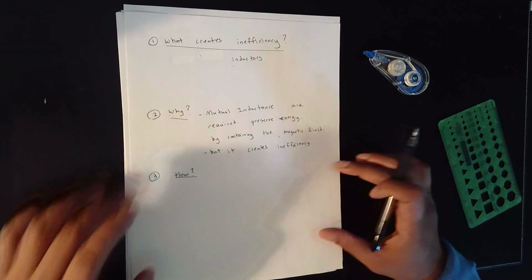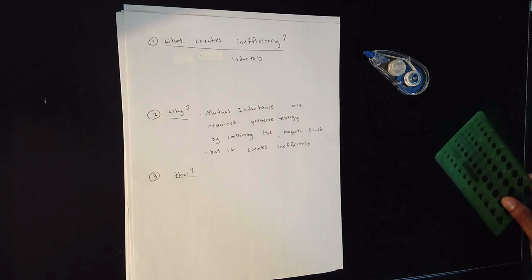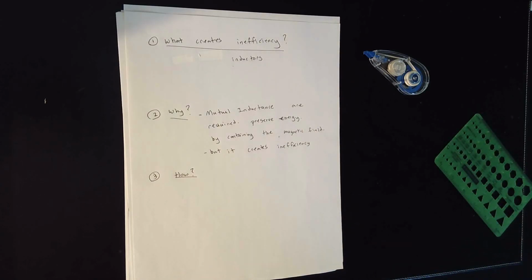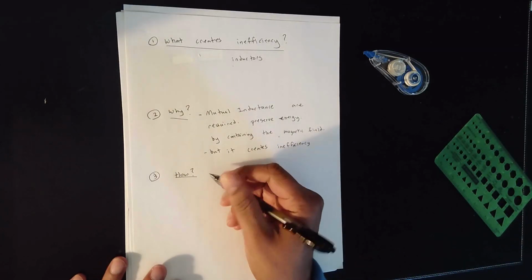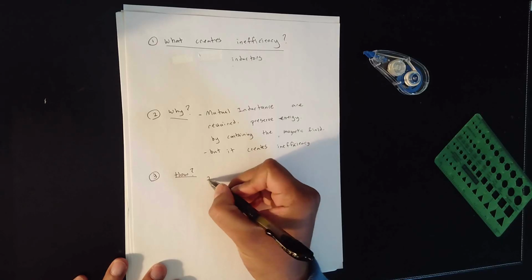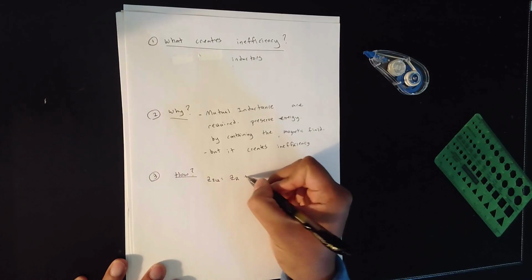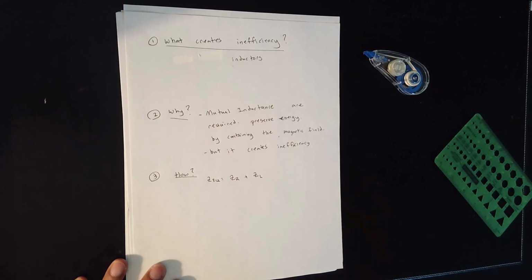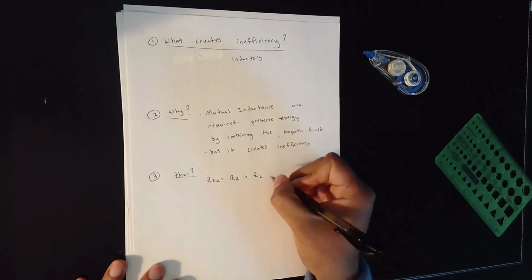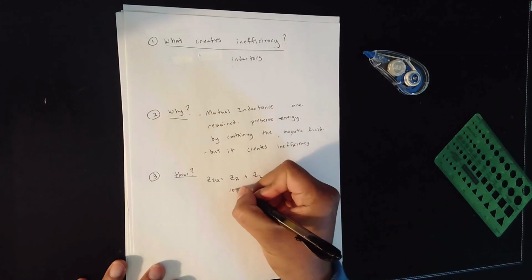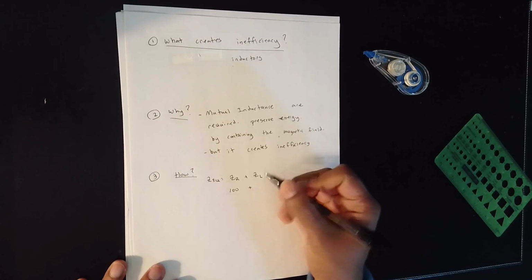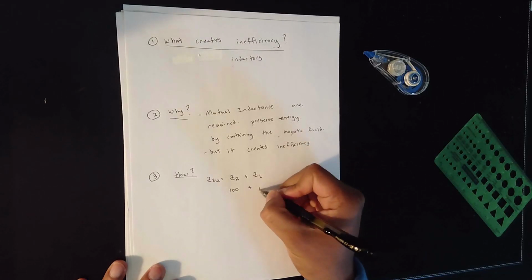Now, how does it create inefficiency? This requires a little bit of math. We know that our Z equivalent is equal to Z_R plus Z_L. Let's say our real component is 100, and our imaginary component is j100.